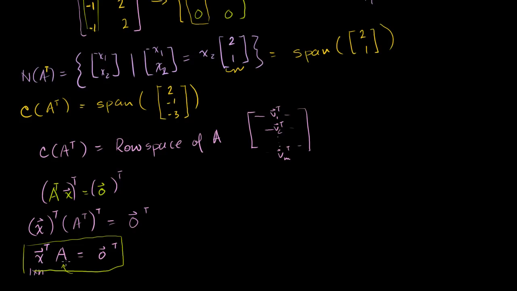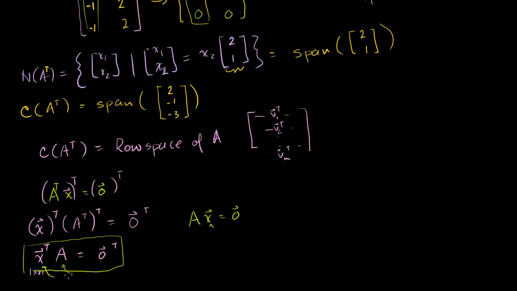Now what did the null space of our matrix A look like? The null space were all of the vectors x that satisfied this equation equal to 0. So the x was on the right. The null space is all the x's that satisfy this. The null space of our transpose is all of the x's that satisfy this equation.